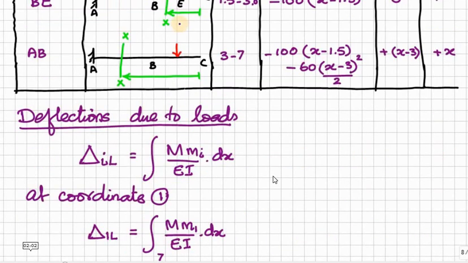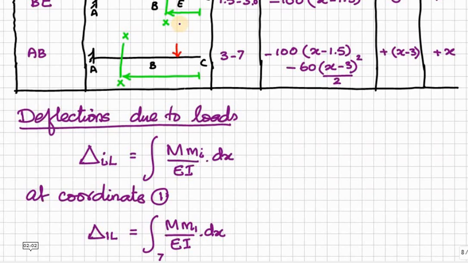So the next step is deflections due to loads. In general, delta iL is equal to the integral of capital M small mi divided by EI into dx, where i is the system coordinate where we measure the deflection due to external loads. So capital M is the moment due to external load.